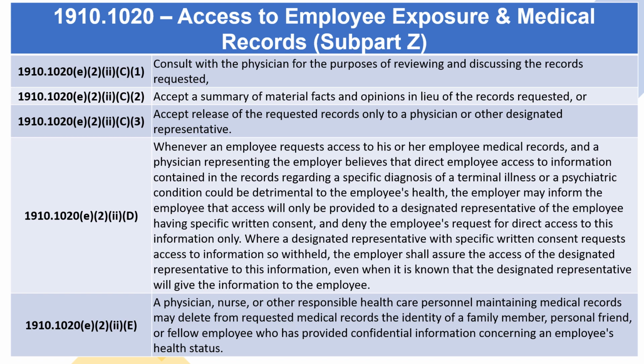Where a designated representative with specific written consent requests access to information so withheld, the employer shall assure the access of the designated representative to this information, even when it is known that the designated representative will give the information to the employee.